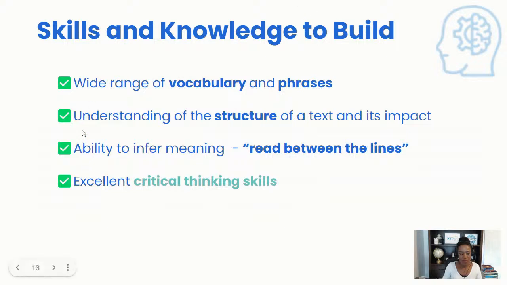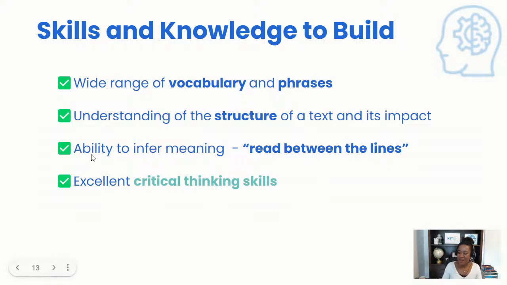It's also good to understand the structure of a text and its impact. For example, a writer might repeat what they've said in a slightly different way, or mention supporting evidence after they've expressed their opinion. This all helps you understand what the writer's attitudes and opinions actually are.